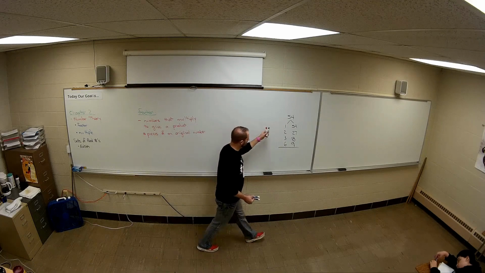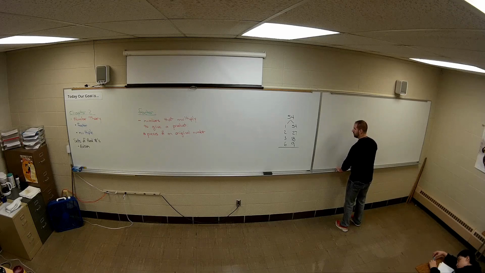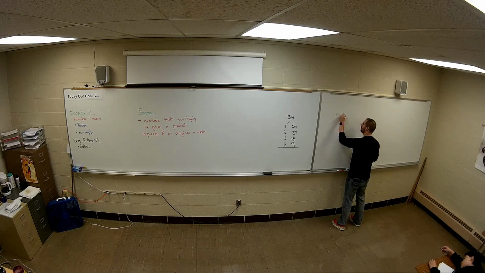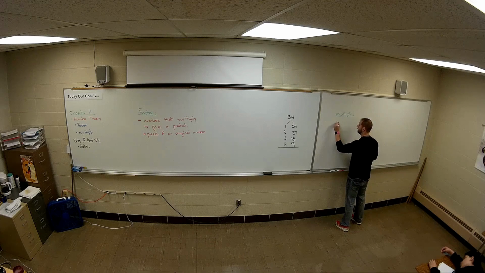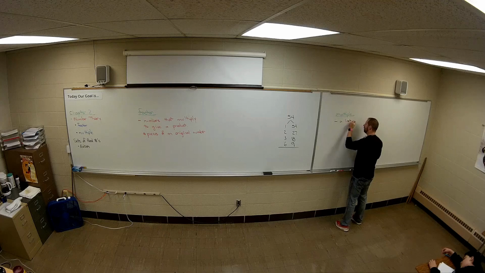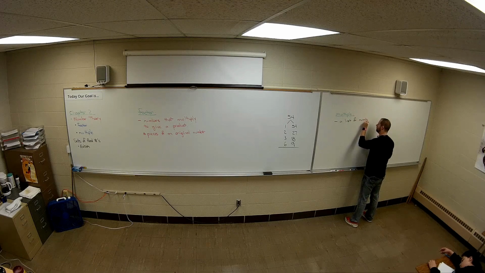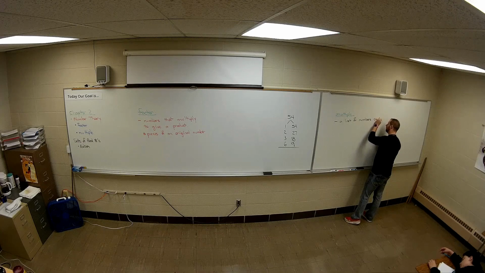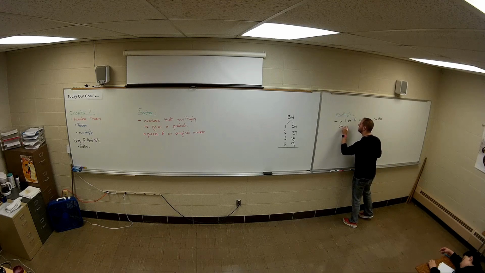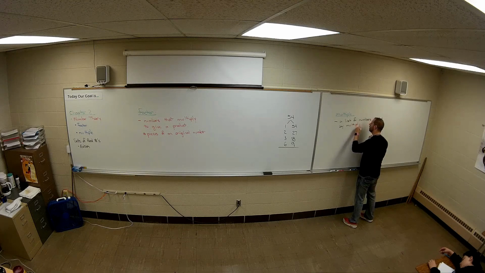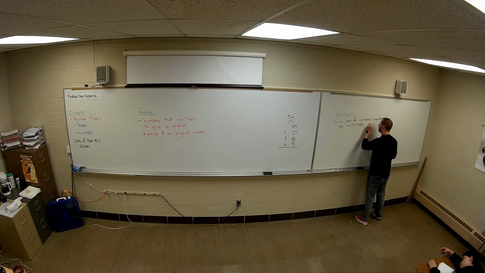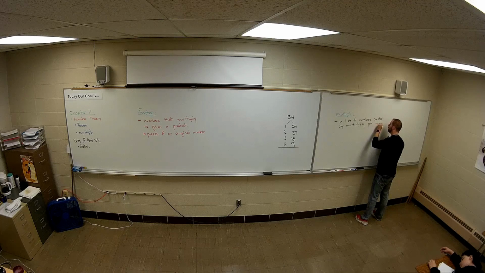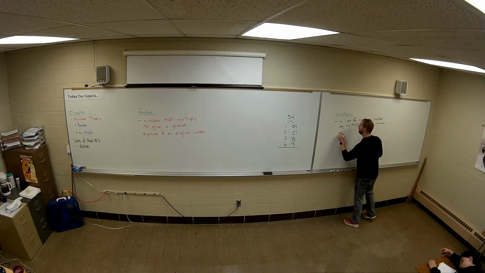So again, that 54 has a bunch of factors, but now a multiple is a list of numbers created by multiplying your number by the whole numbers.